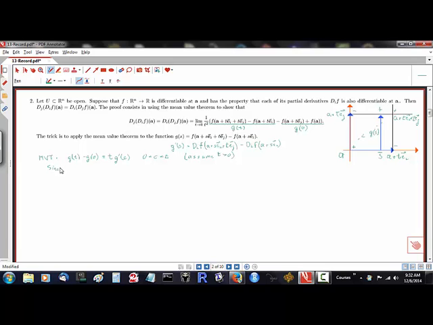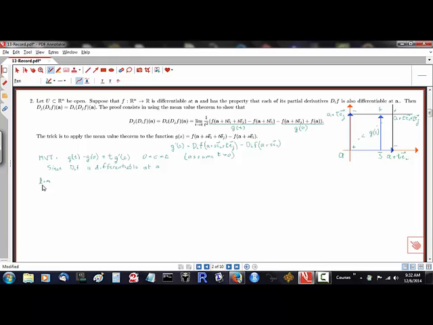So I'm going to use that fact, since d sub i f, perfectly good function, is differentiable at a, we can use the definition of differentiable.